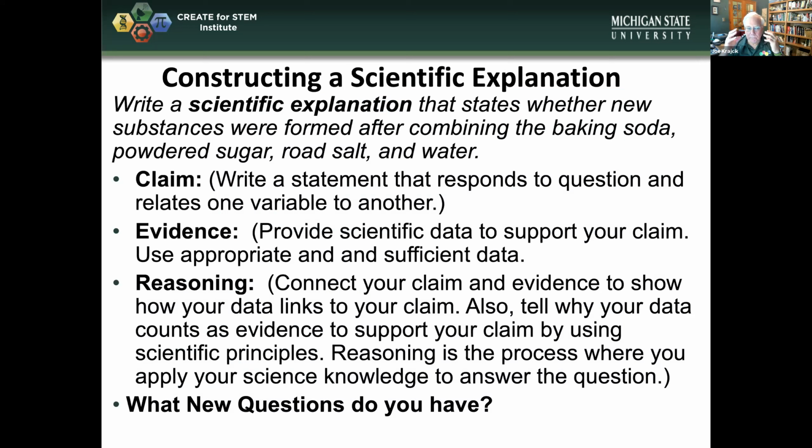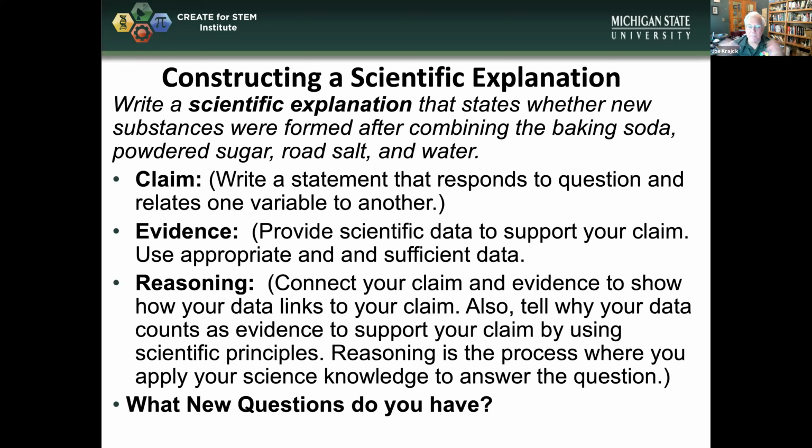A scientific explanation always includes a claim, a statement that responds to the question by relating one variable to another variable. So it's not just saying yes or no; it's relating the variables to one another. That's the first part of an explanation.